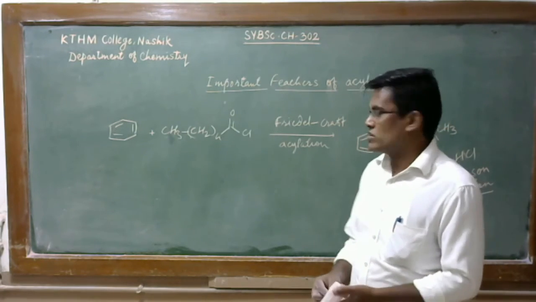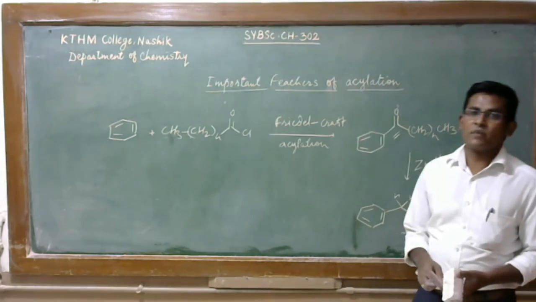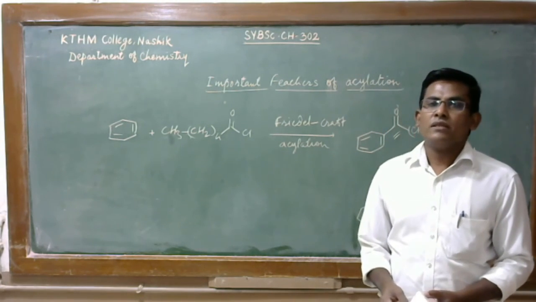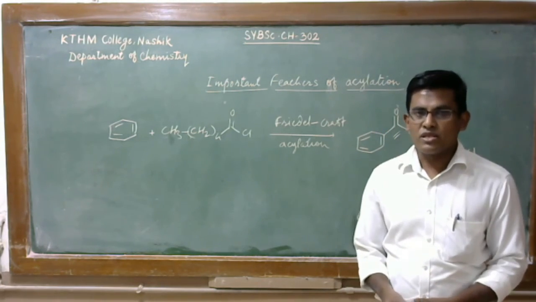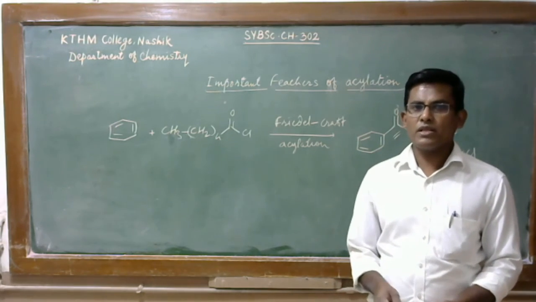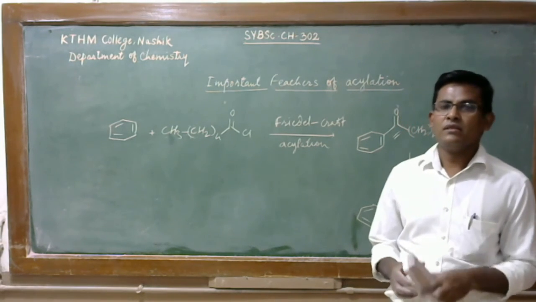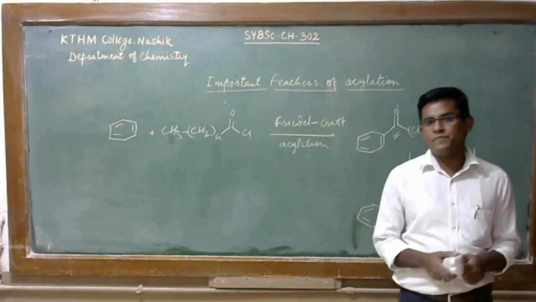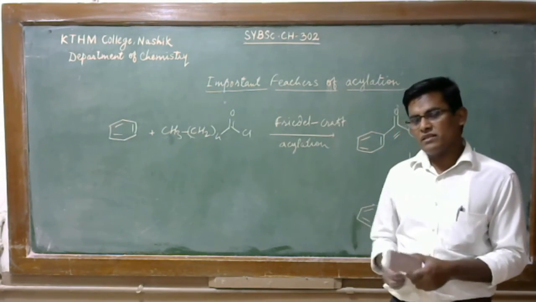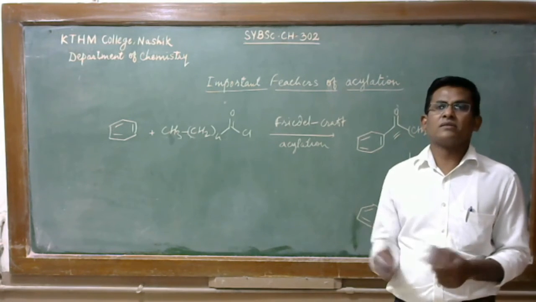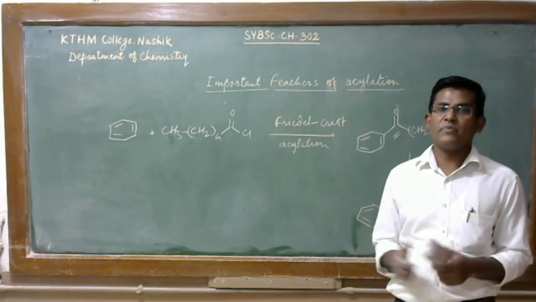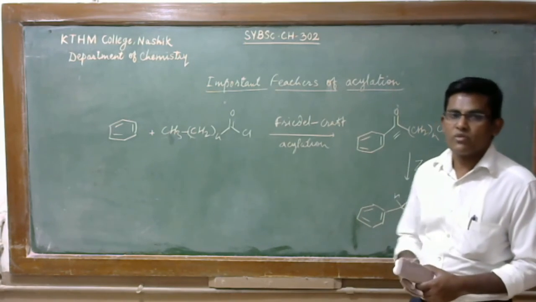Alright. So we have seen the various electrophilic substitution reactions. First of all, we saw the nitration of benzene, where the nitrating mixture, that is nitric acid in the presence of H2SO4, reacts with benzene to give nitrobenzene.